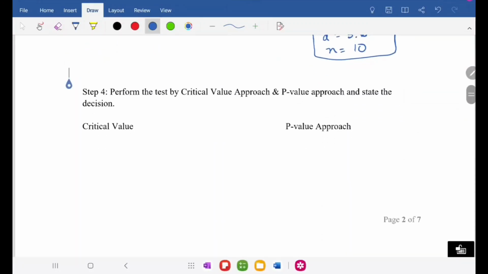Now I think we have enough space to work with the critical value approach. This is our normal curve. It's a two-tailed test, so our reject regions are on both sides of the curve. There's reject, there's reject, there's do not reject.